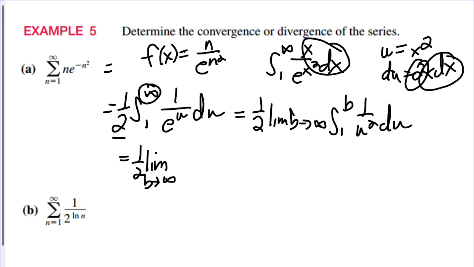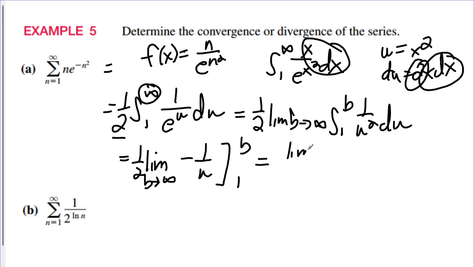Remember, 1 over u squared is u to the negative second. We're going to add 1, so that turns into u to the negative first, which is 1 over u. But then we need to divide by a negative, so we get a negative 1 over u. And we're going to evaluate that between 1 and b.